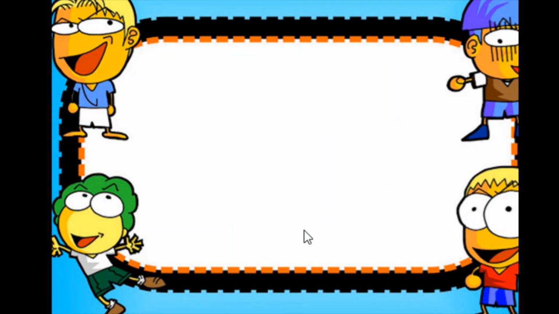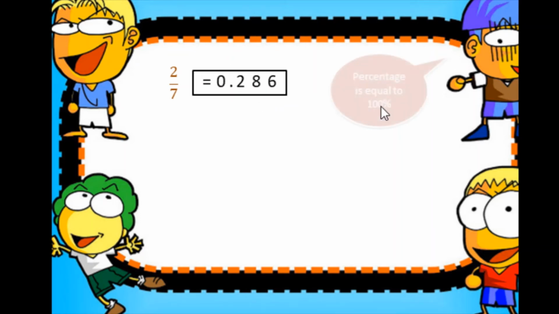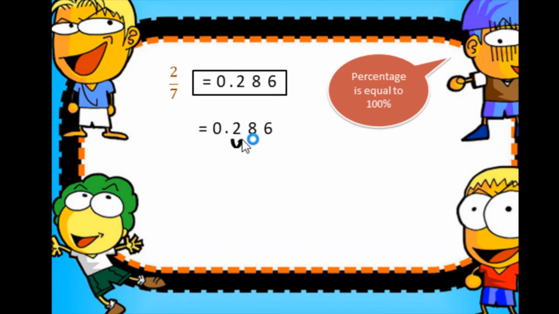Next, let's have 2/7. 2/7 when changed into decimal is 0.286. Now, we have the decimal form already, so it's easy to change to percentage. So first is to move 2 places to the right. So we have 1, 2, copy.